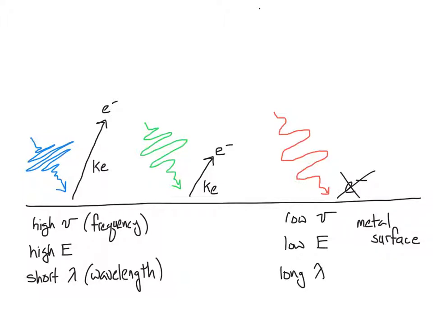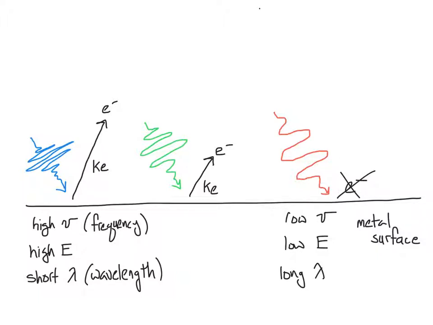The kinetic energy of the electron, however, is dependent on the frequency of the light. So if you switch from red light to blue light, the blue photon now has higher total energy and thus has enough energy to overcome the binding energy and provide additional energy for the kinetic energy of the electron.